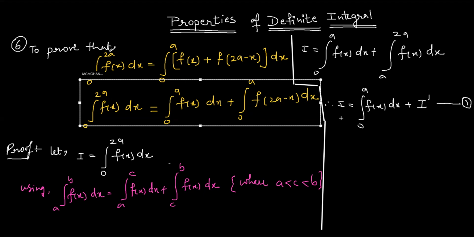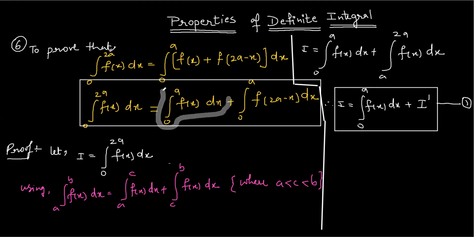Now, in this, I have already achieved the first integral. This integral has already been obtained. So the only aim that now I have is that somehow I prove that this I dash is equal to this.